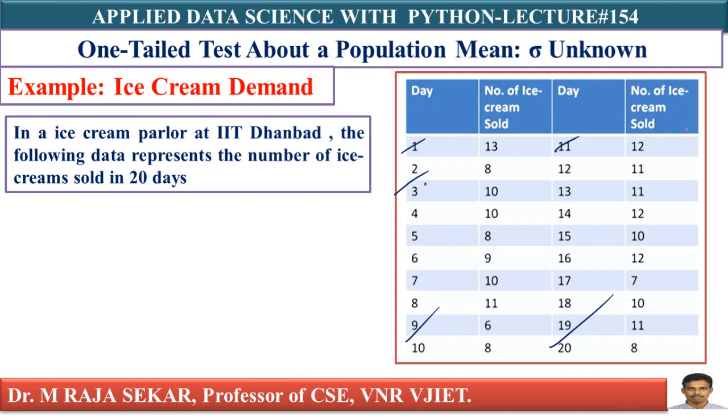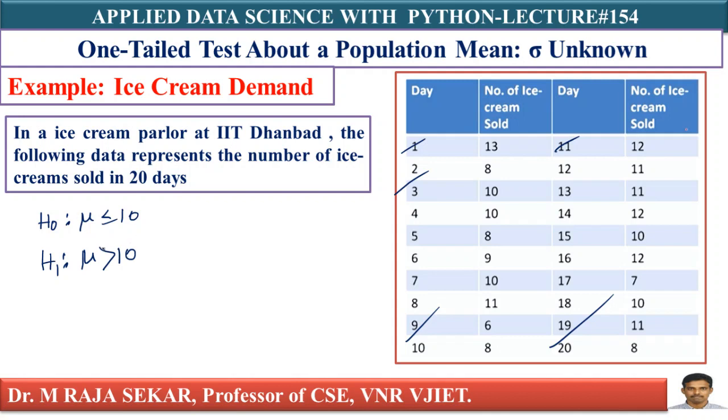The shop owner wanted to test a null hypothesis. Let me assume H0 is mu less than or equal to 10. This is my null hypothesis. In that case, what is your alternative hypothesis? It is opposite to the null hypothesis: mu greater than 10. What is the sign in the alternative hypothesis?